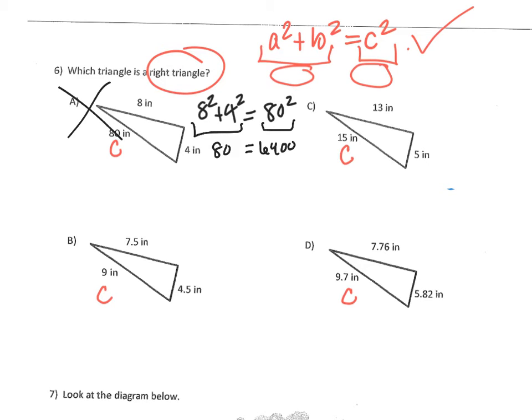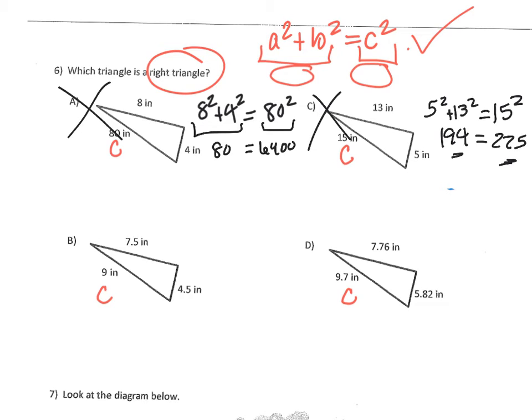For C, A and B interchangeable. I'm going to use 5 for A. So 5 squared plus 13 squared. Does it equal 15 squared? I don't know. So 5 squared plus 13 squared is 194. And then 15 squared, 225. So these are not the same numbers.